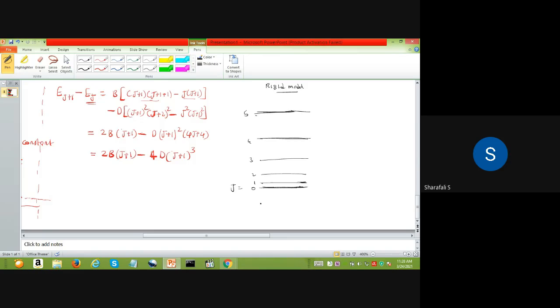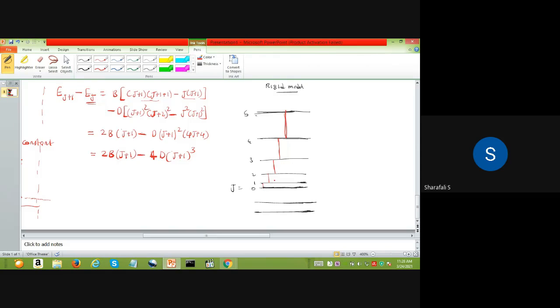Now the transitions from J equal to 0 to 1, 1 to 2, like that, will happen. So transitions will happen from 0 to 1, then 1 to 2, then 2 to 3, then 3 to 4, and 4 to 5.